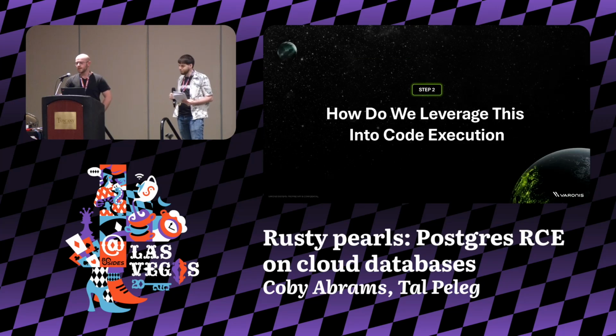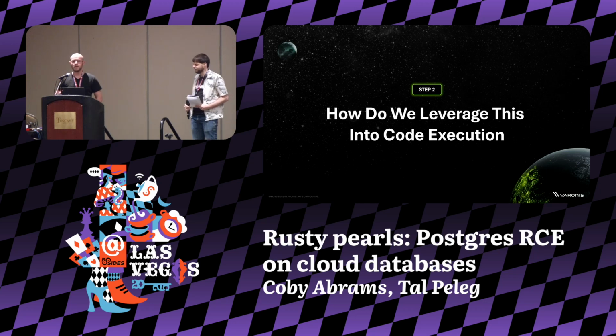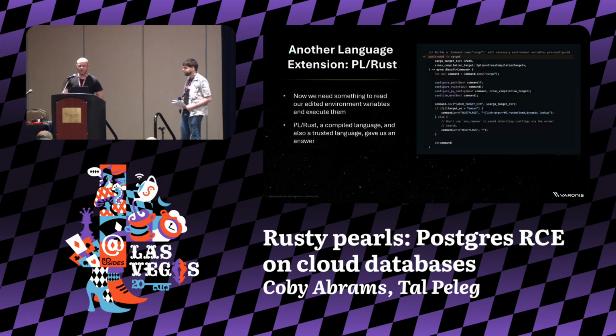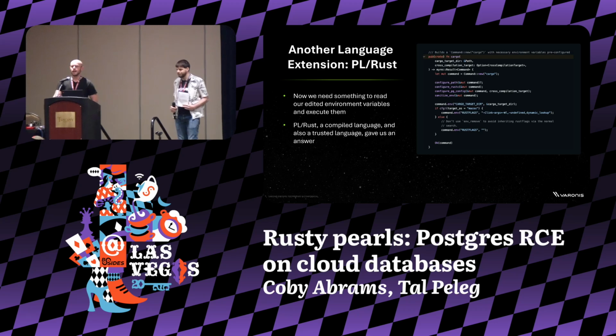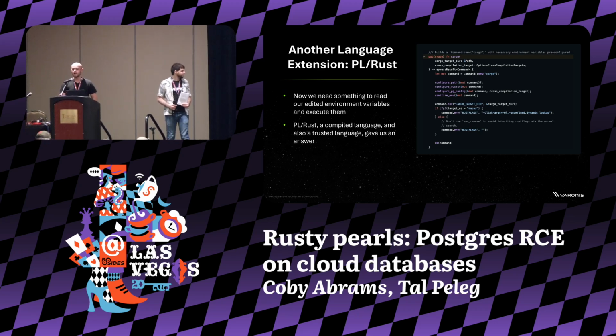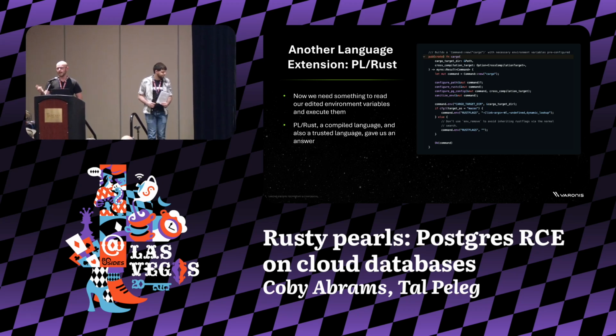Okay, so now at this point, we have a pretty strong primitive, right? We can change environment variables, and usually we can elevate that to code execution. So what we're going to talk about now is how we actually elevated that into code execution. In order to do that, we used another language extension, also trusted, called PL/Rust. And a little bit about Rust. Rust is a compiled language.